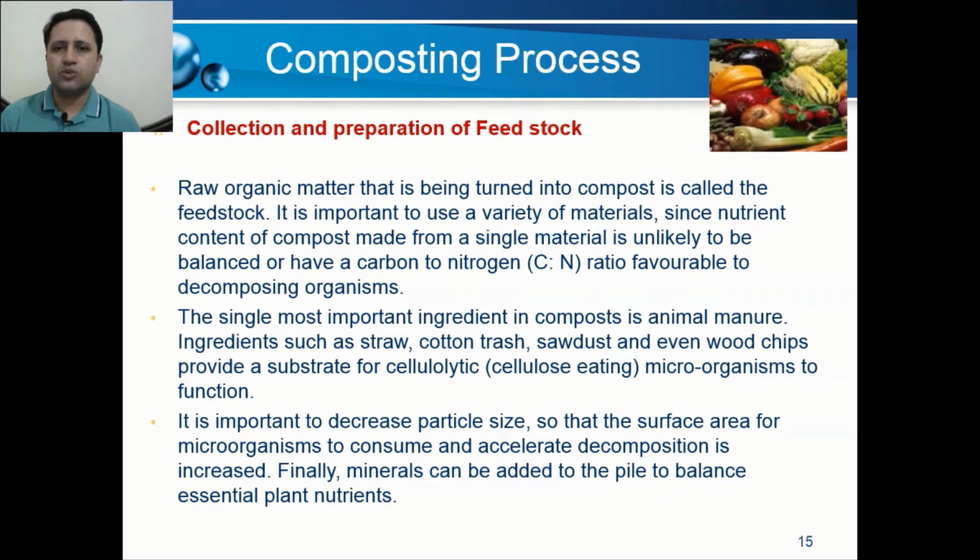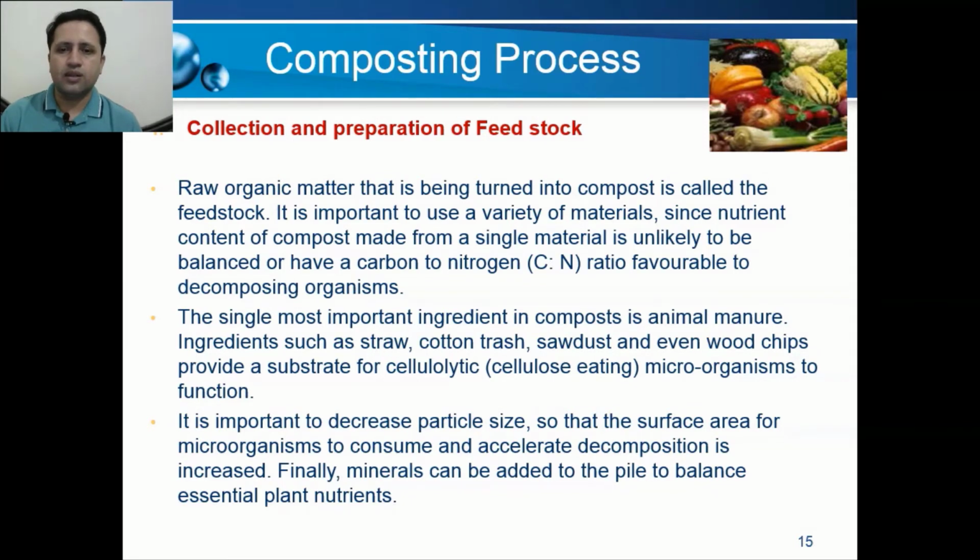So we have to choose the proper material, and the single most important ingredient in compost is animal manure, while ingredients such as straw, cotton trash, sawdust, and even wood chips provide a substrate for the cellulose eating microorganisms.